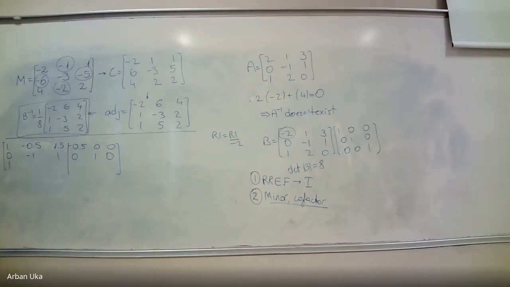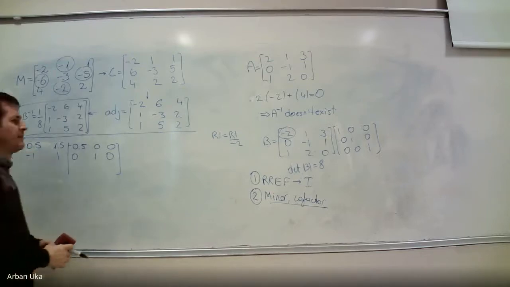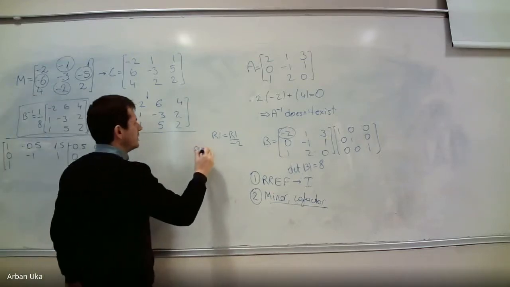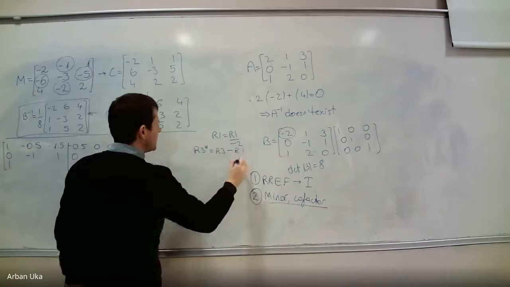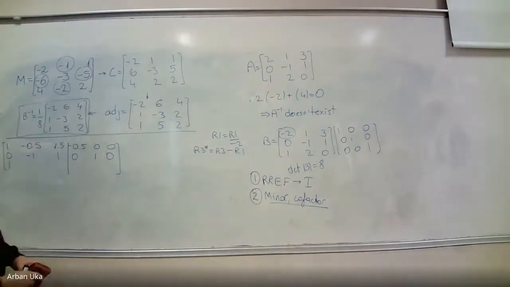Or, in fact, we can do this right away because we have written on the board the first row, which is modified. We can say that row 3 star would be equal to row 3 minus row 1. So let's read row 3 and subtract these numbers.